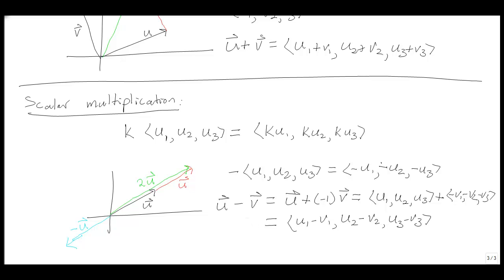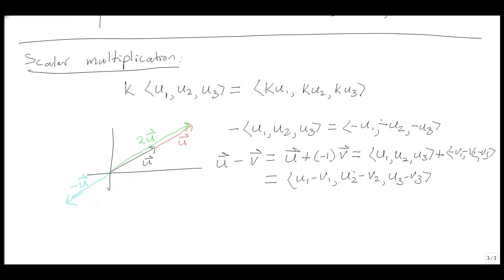So instead of adding component-wise, I subtract. Maybe what you would have guessed anyway. So you can write that subtraction in terms of addition by a negative, using the scalar multiplication here.